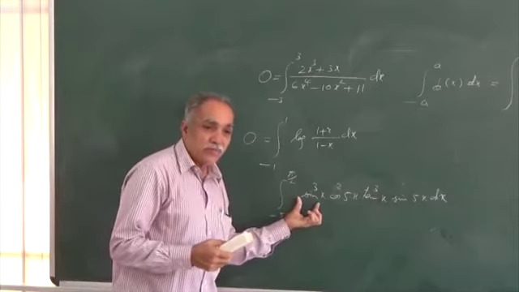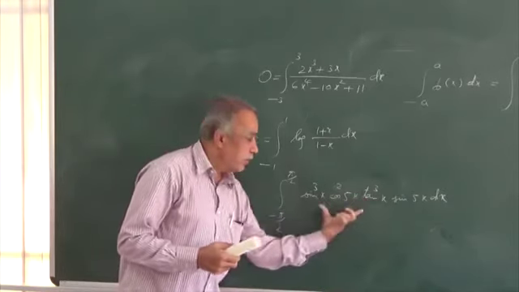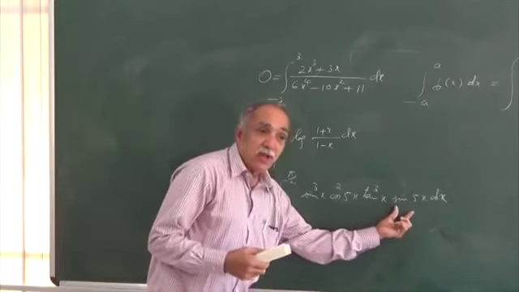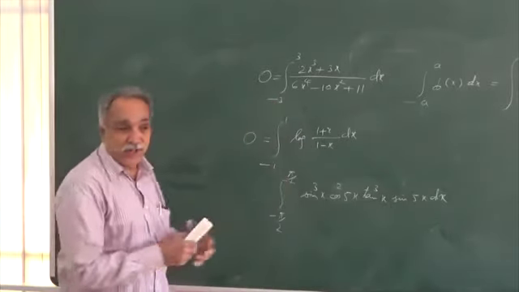This is odd, this is even, this is odd, the product becomes even, this is another odd function, the product remains odd, and therefore integral from minus pi by 2 to pi by 2 is 0.